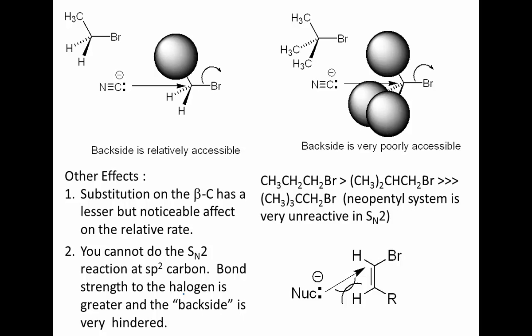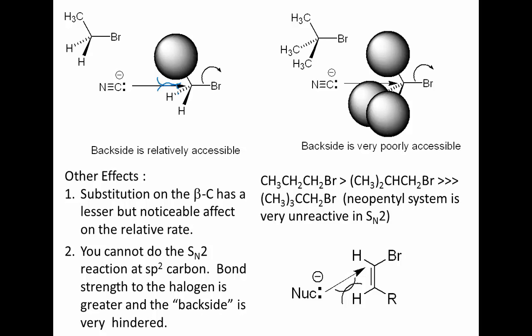All right, in ethyl bromide, the methyl group's offering a little bit of a hindrance to the pathway here. Perhaps it's interfering there, so this accounts for why ethyl bromide would not be quite as reactive as methyl bromide, which just has a hydrogen where the CH3 is.